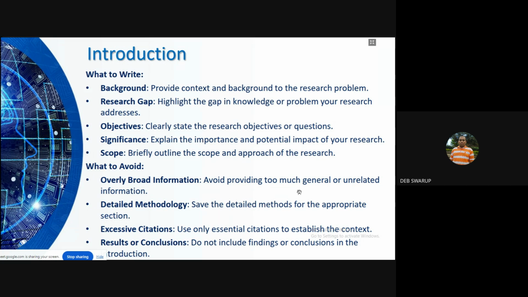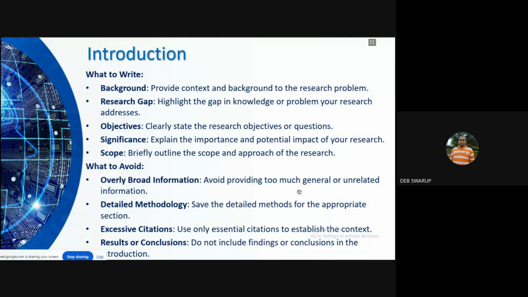Now, what we need to avoid. Again, in this section also we avoid broad information. Too much general, unrelated information is definitely not required. It is very cumbersome to read many lines about unrelated things and then come to the conclusion that this paper is not at all suitable.